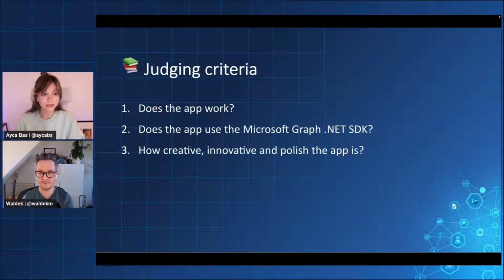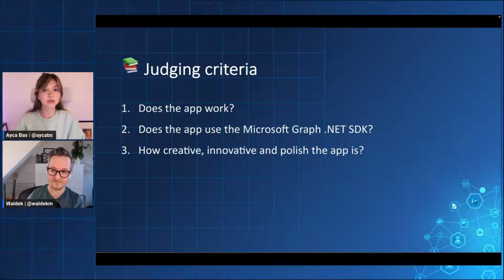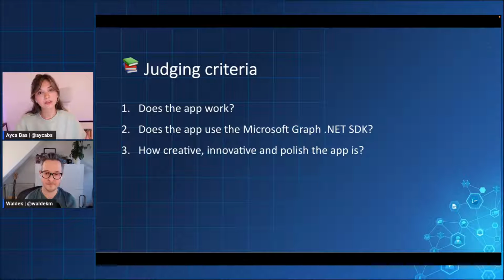So let's take a look at the judging criteria. We would like to give you the prizes, but we have to check a couple of criteria first. The first 2 criteria are really important for us to give you the badge. As long as your app is working, and we will test your app by using your GitHub repository code, and as long as you're using the Microsoft Graph .NET SDK, then you earn the digital badge right away.